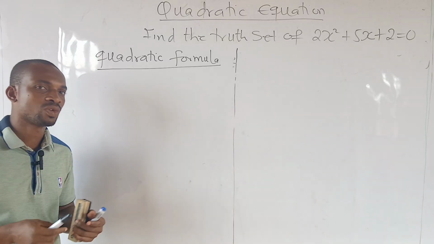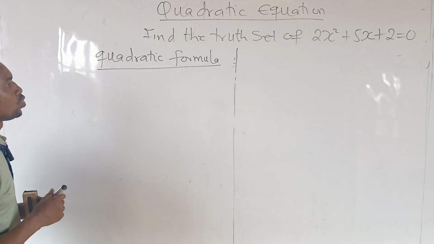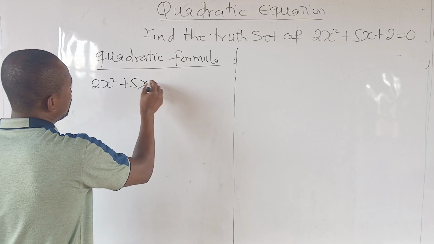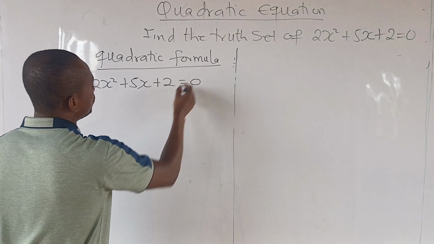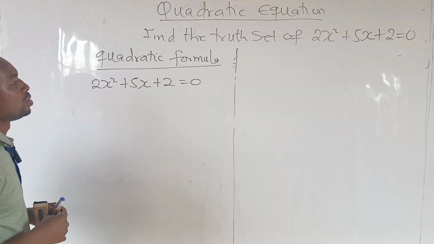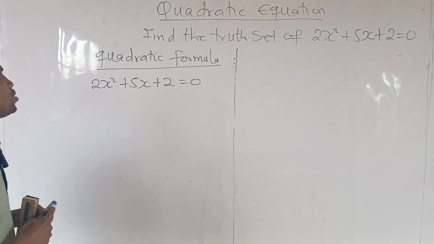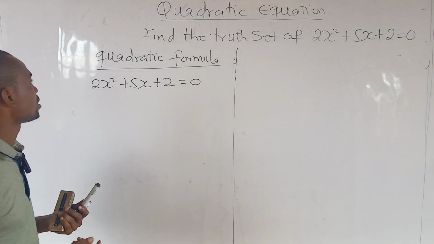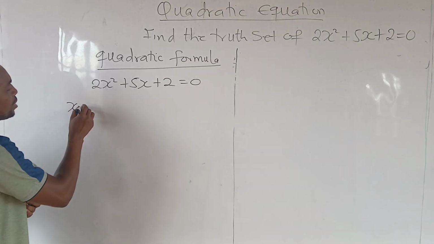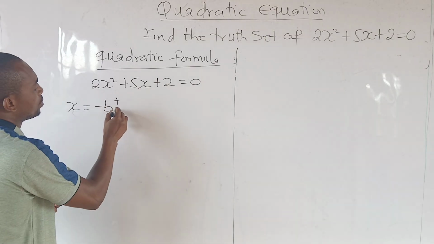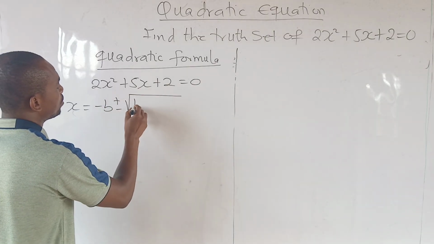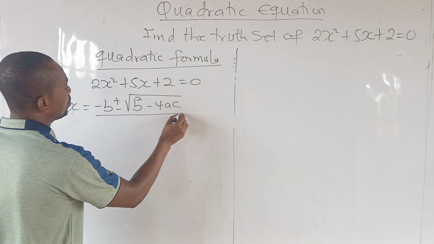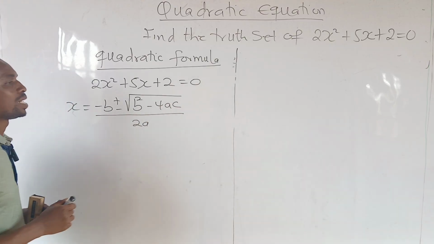So we are considering the quadratic formula. So we write the question. So when you are considering the quadratic formula, what you are going to do is that we state the quadratic formula. That is x to be equal to, so there is our quadratic formula.